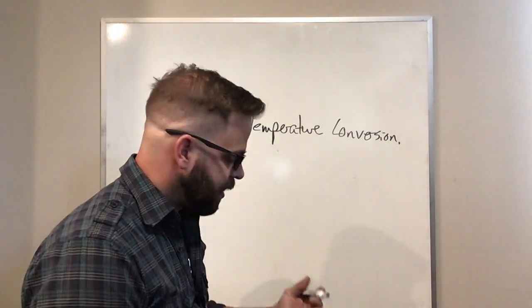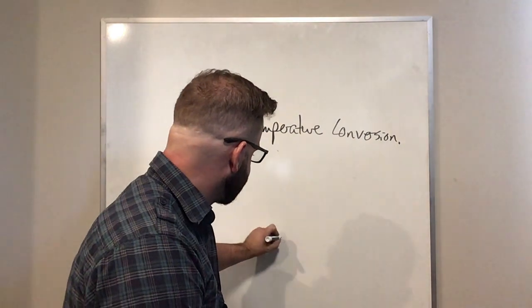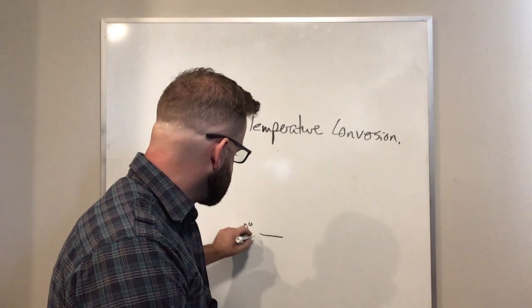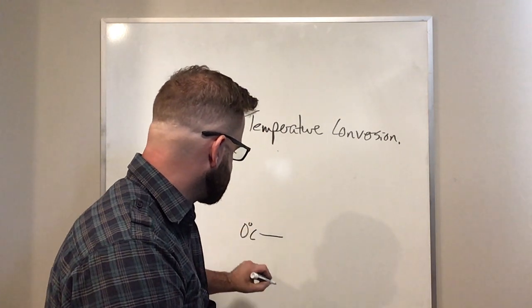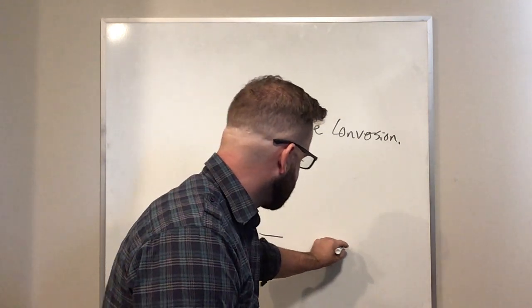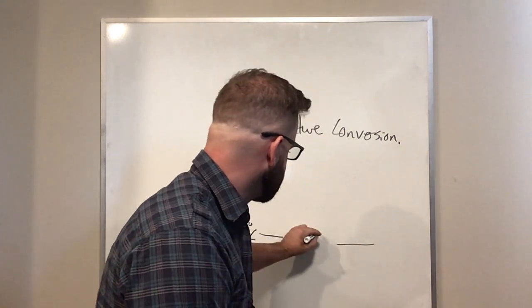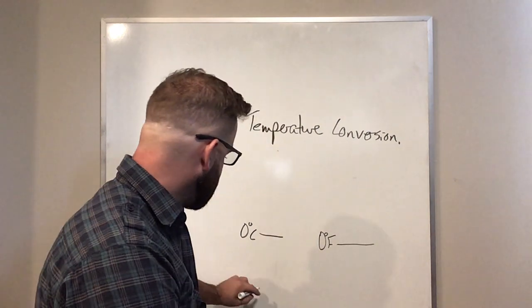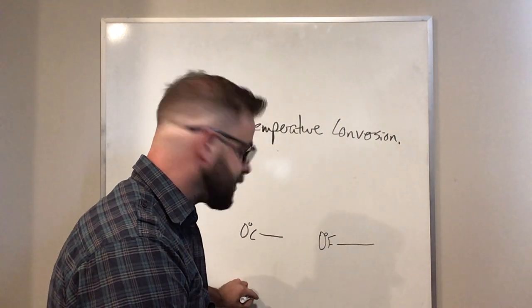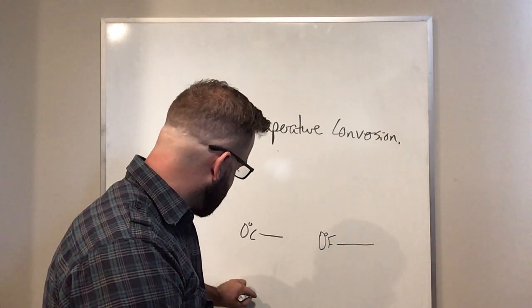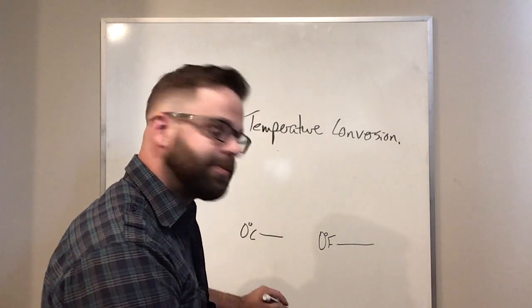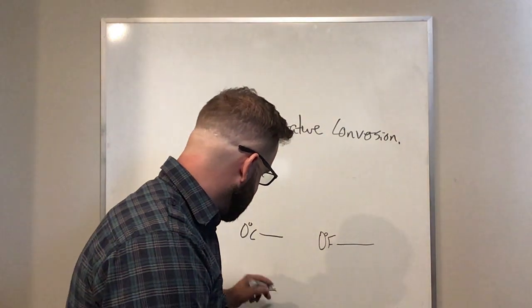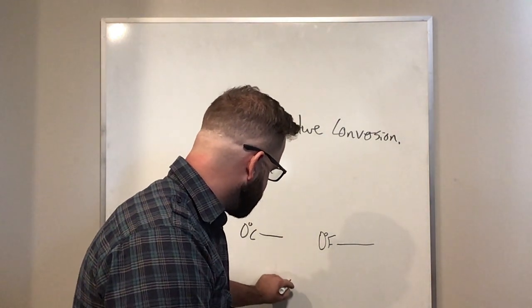So if we were to look at them on a scale, and I looked at 0 degrees Celsius, and if we looked at 0 degrees Fahrenheit, and we looked at the absolute coldest value we could get, the absolute coldest value you can get is absolute 0, and that is 0 degrees Kelvin.